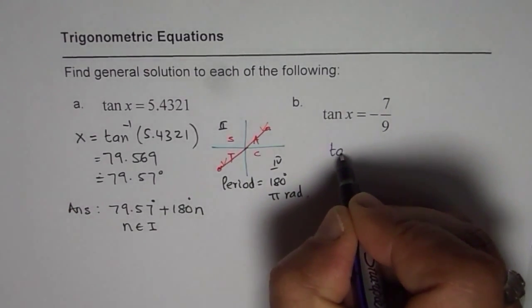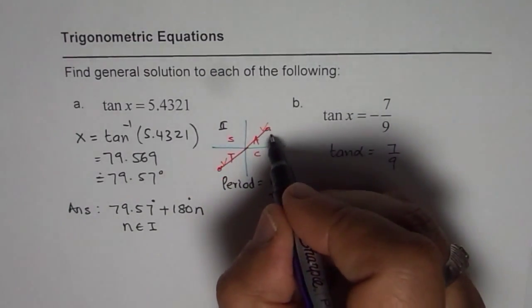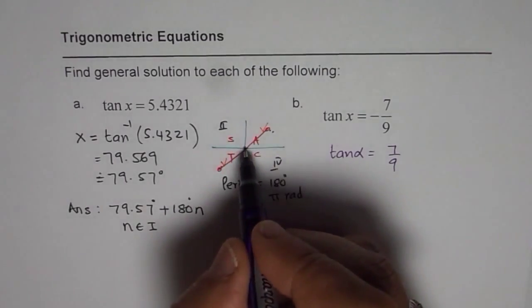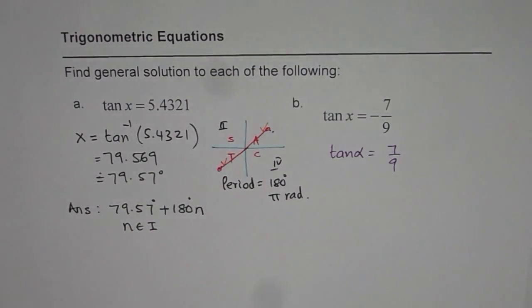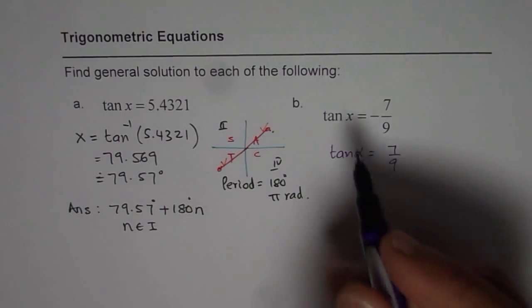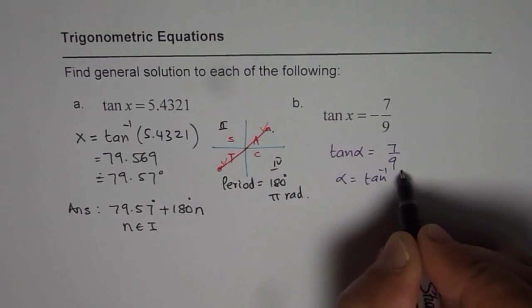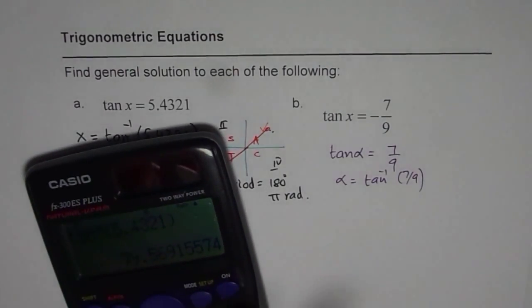So we'll say tan alpha equals 7 over 9. We will find an answer for some angle here, and then translate it and find the real answers. So if tan alpha equals 7 over 9, then the acute angle alpha equals tan inverse of 7 over 9. So the strategy is always to find the acute angle.